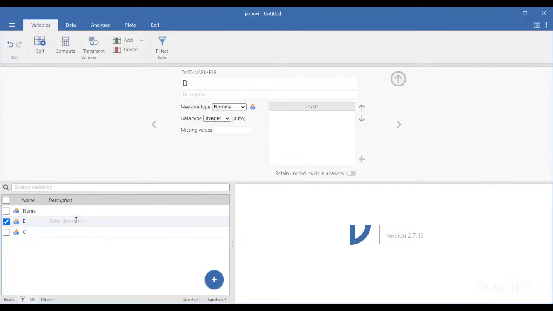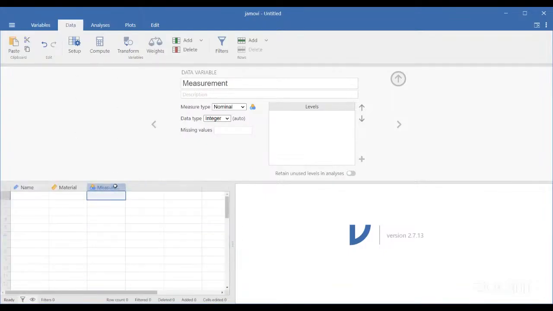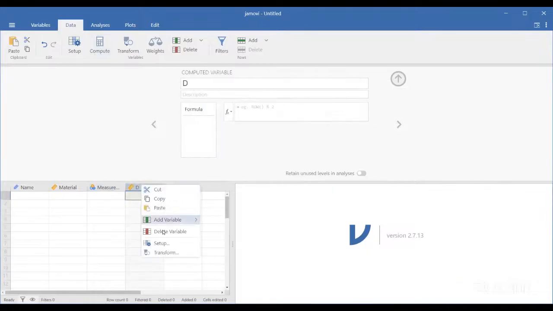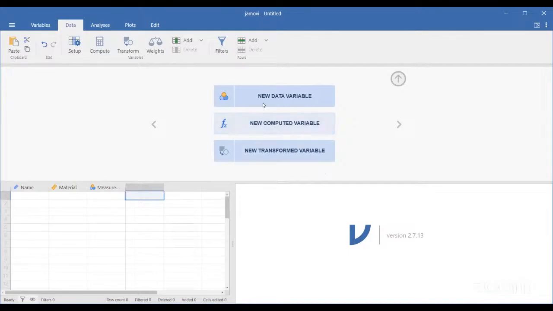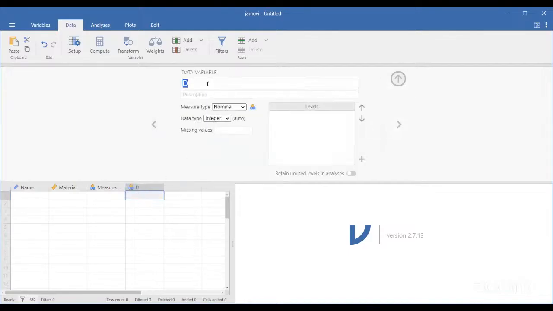So this B will be continuous and B will be material. C will be measurement. D will be machine. E will be method. F will be environment. G will be people.